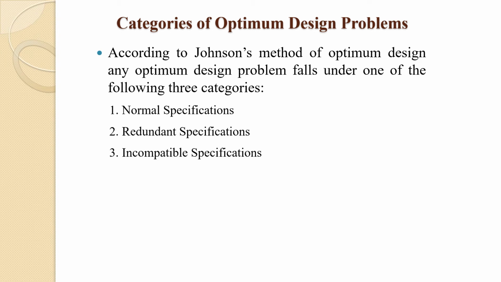According to Johnson's method of optimum design, any optimum design problem falls under one of the following three categories. First is the normal specification, second is redundant specifications, and third is incompatible specifications. We will see one by one what the differences are and what types of numericals fall under the normal specification, redundant specification, and incompatible specifications.